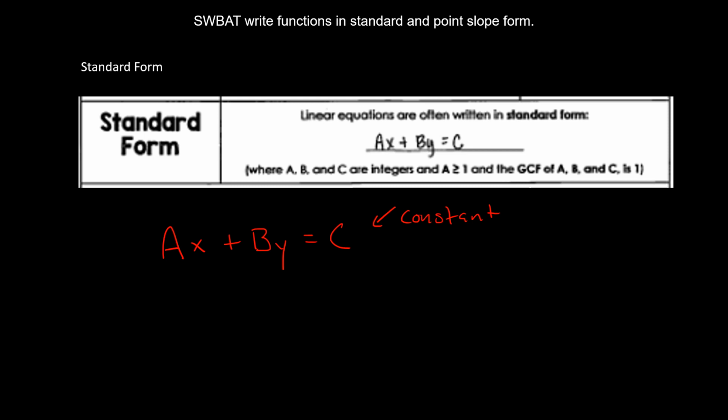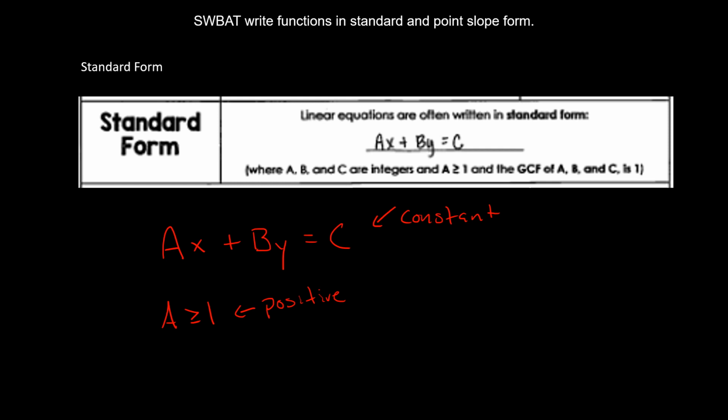Okay, and A has to be greater than or equal to 1, which for a lot of students also means it needs to be positive. That's usually the biggest trick that students fall for. And the last rule that we have here is that the greatest common factor of A, B, and C is 1.